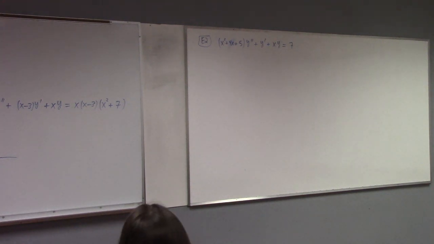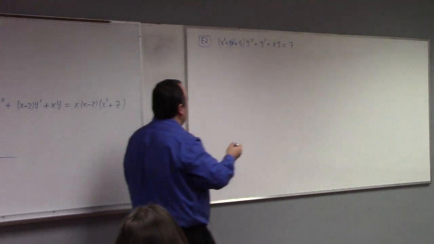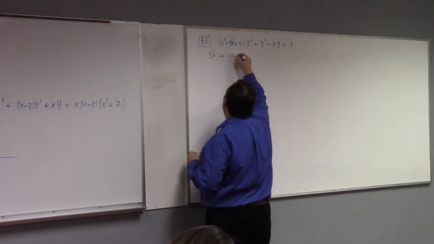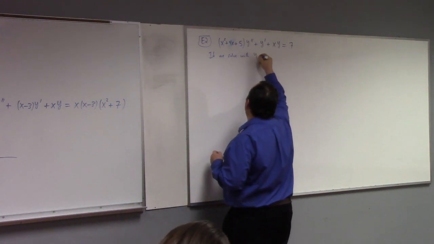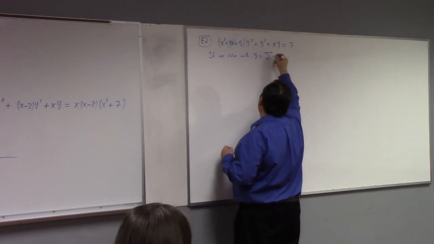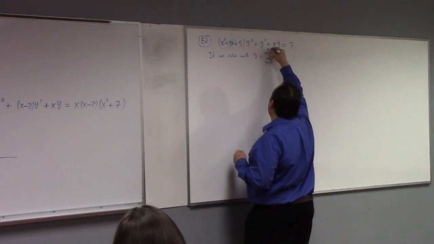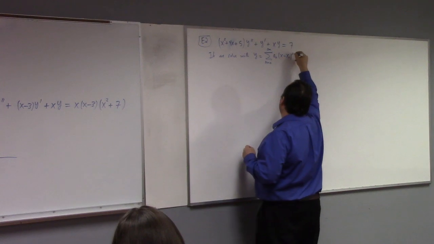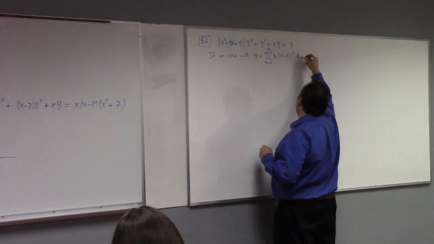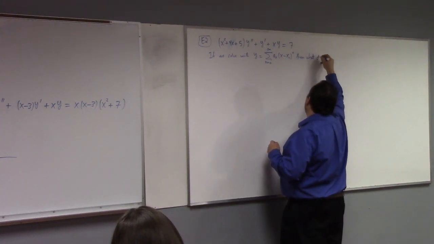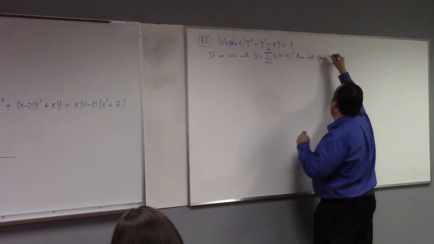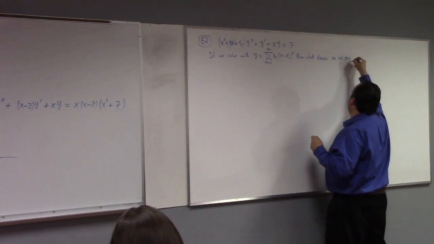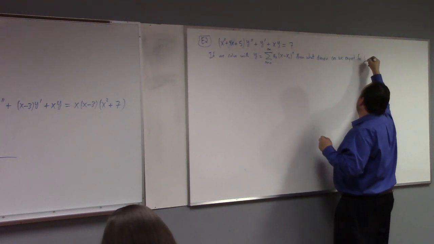I'll repeat that again. So the question is, if we solve with y equals the sum n equals 0 to infinity of a sub n times (x minus x naught) to the n, then what domain can we expect for this solution?